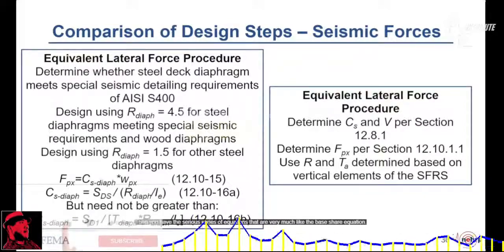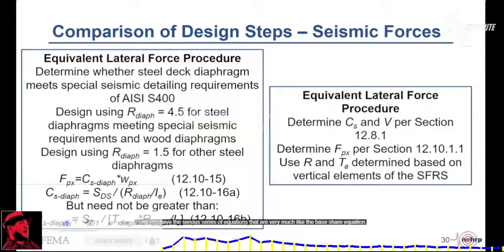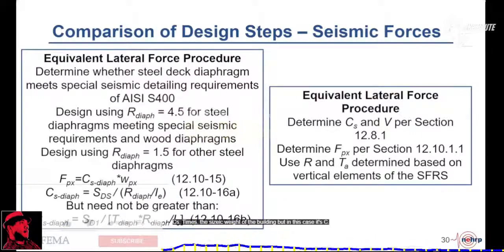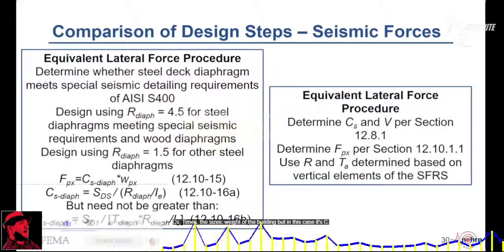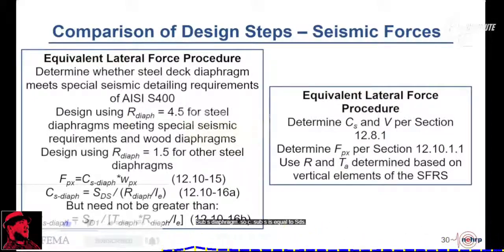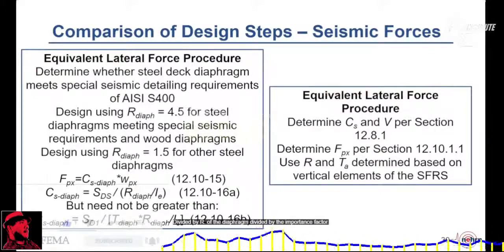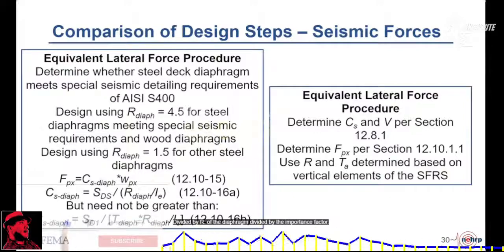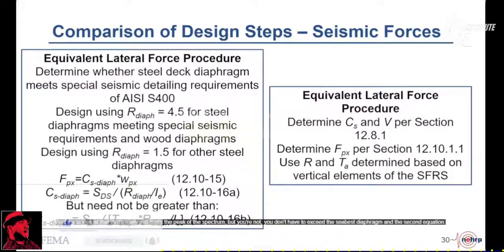Then you have a series of equations that are very much like the base shear equation, C_s times the seismic weight of the building, but in this case, it's C_s diaphragm. C_s is equal to S_DS divided by R of the diaphragm divided by the importance factor.